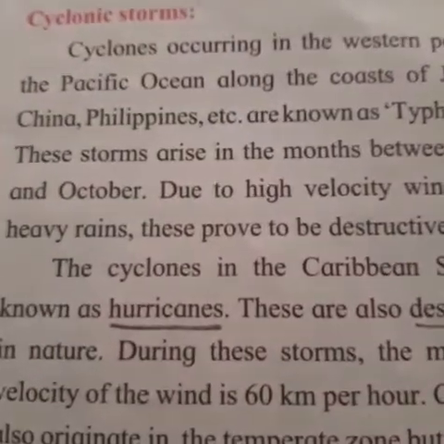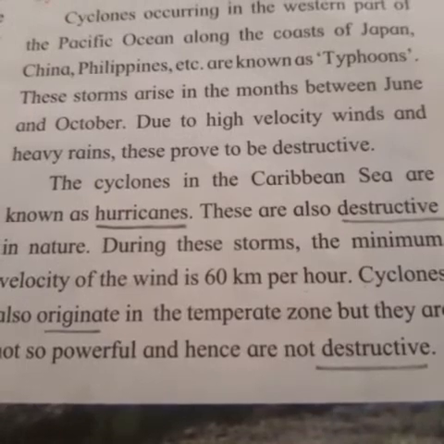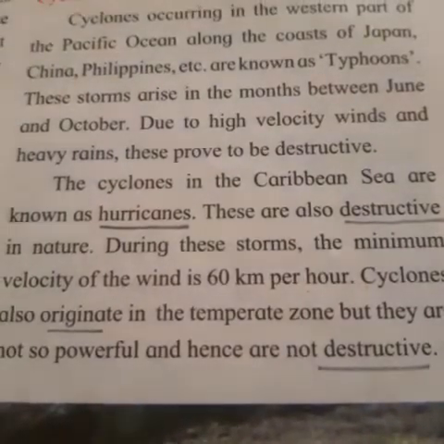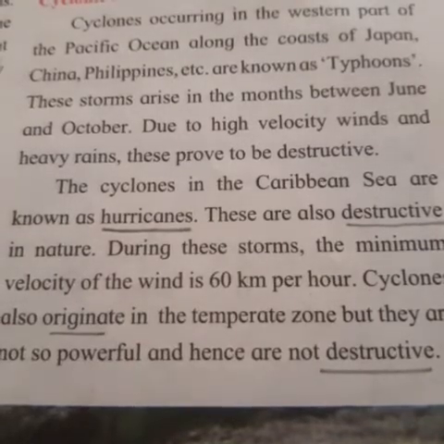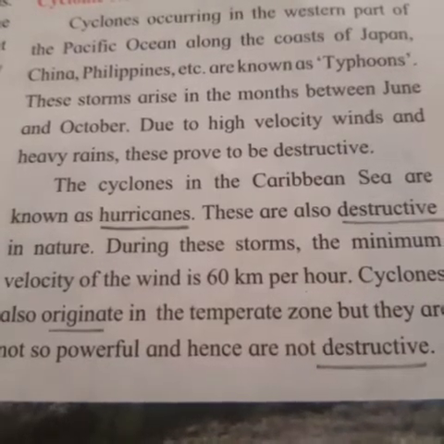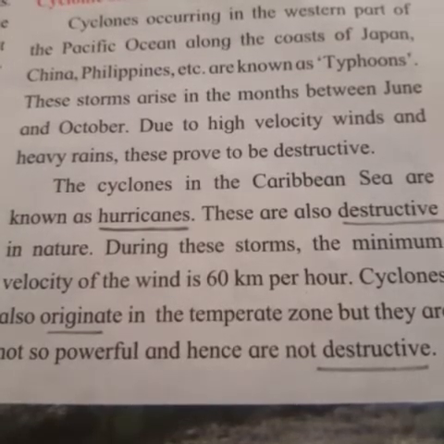Now cyclone storms. Cyclones occurring in the western part of the Pacific Ocean along the coast of Japan, China, Philippines, etc. are known as typhoons. Now these storms arise in the months between June and October. Due to high velocity winds and heavy rains, these prove to be destructive.